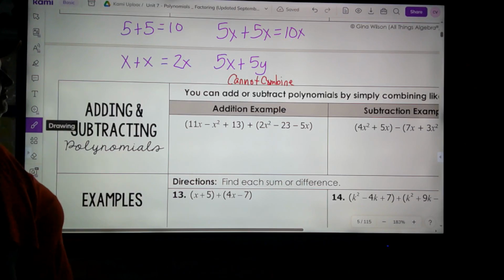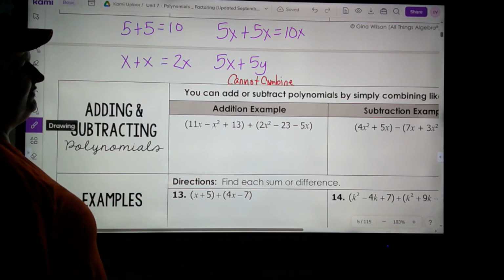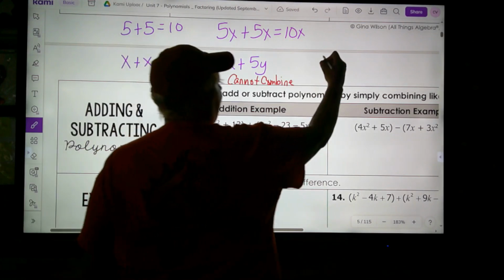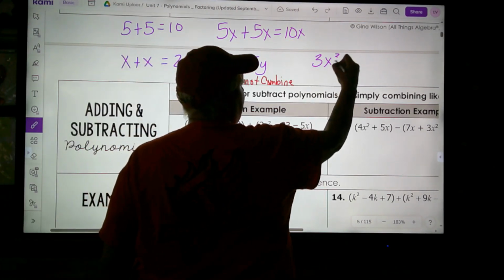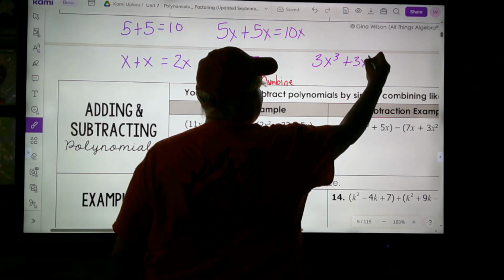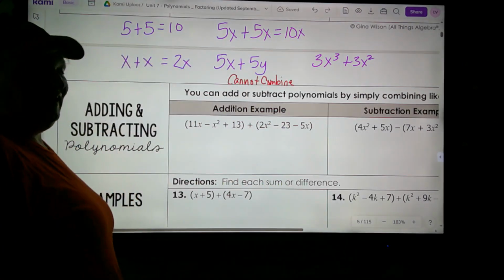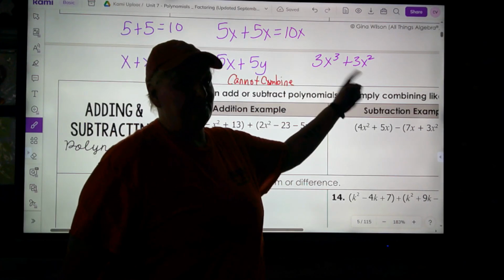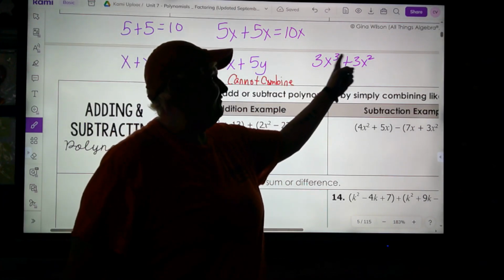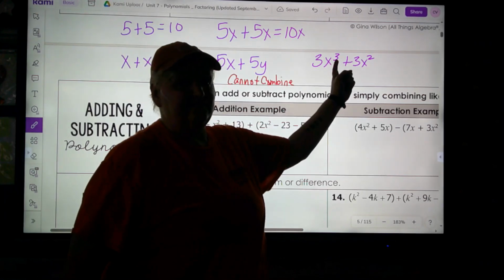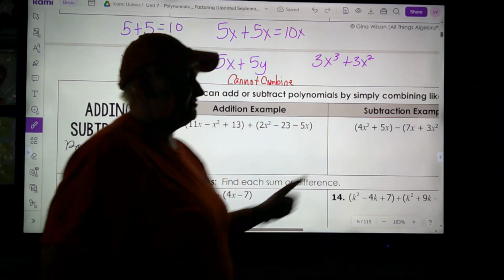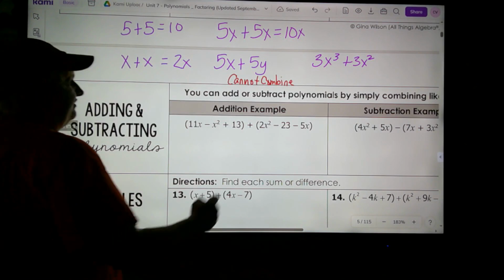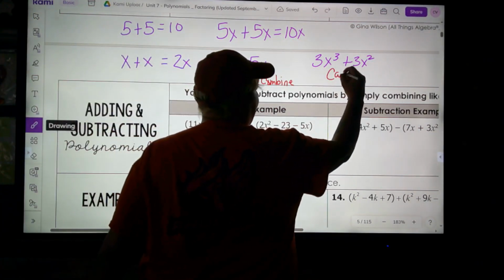All right, what else can't you combine? How about 3x cubed and 3x squared? They have the same variable, but they have a different exponent. So you cannot combine those. They have to be identical. Cannot combine.